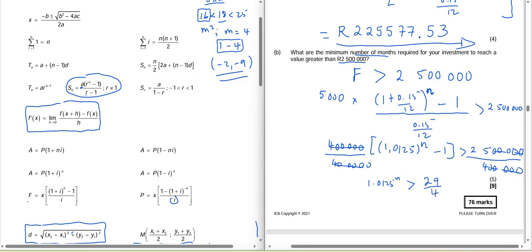And then to solve for n, I have to apply the logarithm on both sides, so n ln 1.0125 should be greater than ln 29 over 4. Then n should be greater than ln 29 over 4 divided by ln 1.0125.